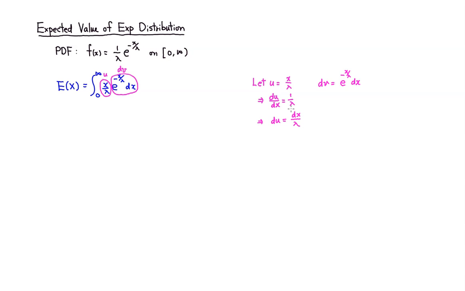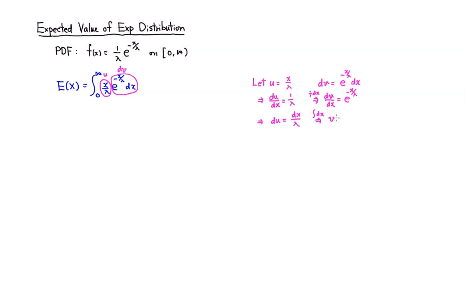Then here I'm going to divide through by dx. So you have dv over dx, which is just the derivative of v, equal to e to the negative x over lambda.